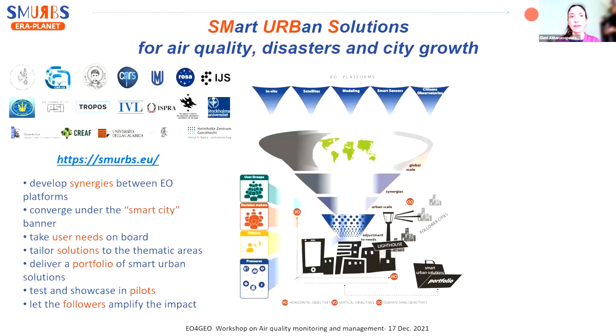With this as a motivation, back in 2016, we built the SMURBS proposal that became a project running for 4 years up to now. So 19 partners gathered together with expertise in Earth observation. Actually, we have collaborated with Ioanna Vlad from ROSA and her team in this project, as well as with ISPRA, but with a group on urban growth issues.